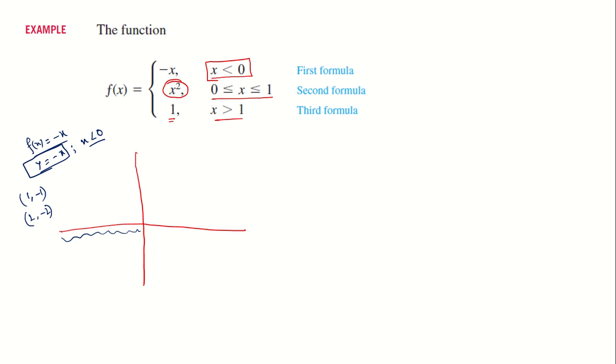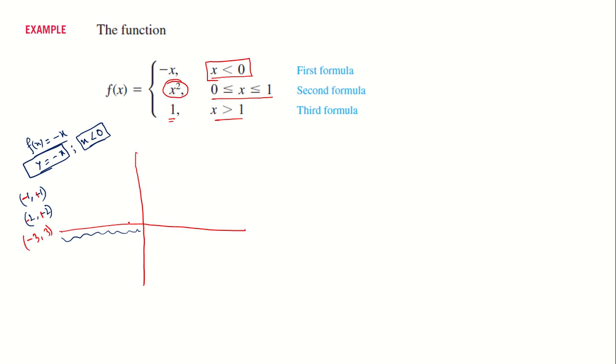Is it okay? No, look at the domain. X can be positive, right? X must be less than 0. So the values of x will be negative here, and the values of y will become positive. So negative 3, and it will be 3.